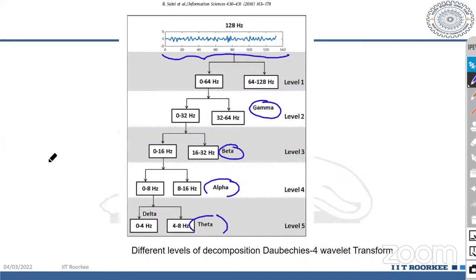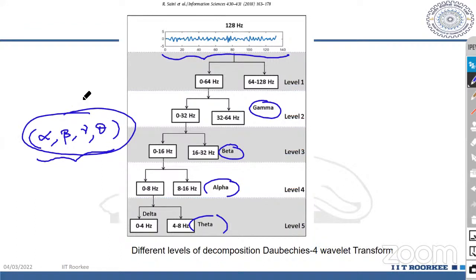From this signal, I am extracting only four parameters: alpha, beta, gamma, and theta. For a user, this will be a feature. For example, I am the user, so from my brain signal they obtain this. That's the feature extraction. For some other user, the alpha, beta, gamma, and theta will be different.